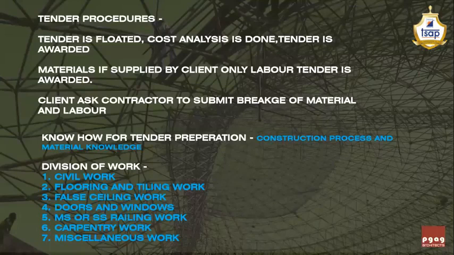For example, the civil work happens the very first. That is the first activity on the site. So the first part is civil work. Then the second is flooring and tiling work. The third is false ceiling work, then the doors and windows, then the MS or the SS railing work, then the carpentry work, and then the miscellaneous work, in which sometimes ready-to-buy items can also be listed.